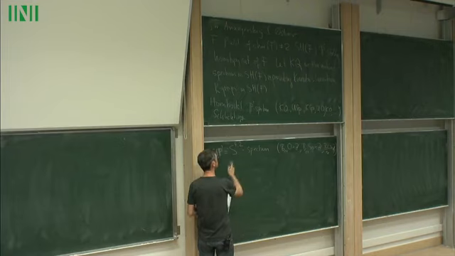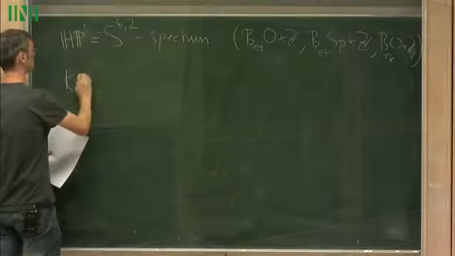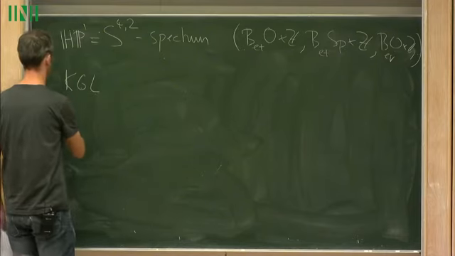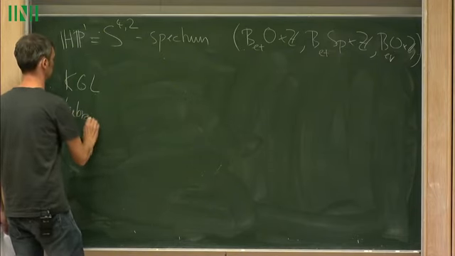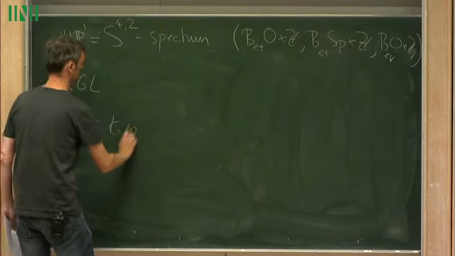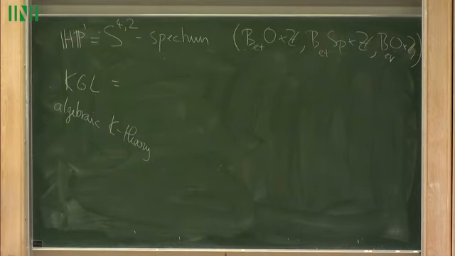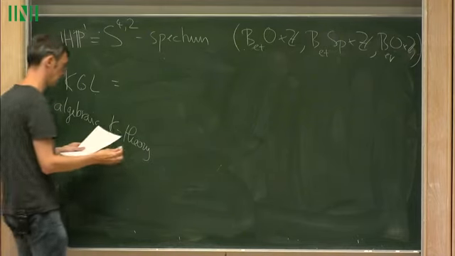So, there's a related and simpler spectrum, which is algebraic K-theory as defined by Voevodsky. So this represents Quillen's algebraic K-groups on the category of smooth F-varieties.